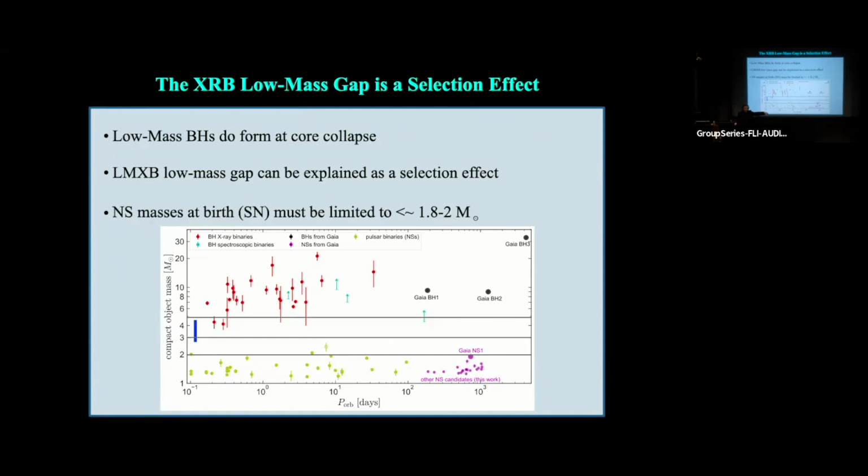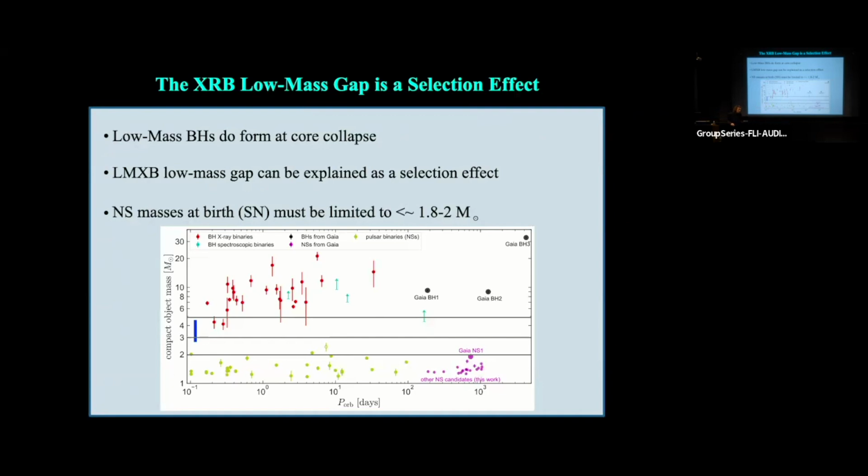You're going to fill it all the way up to 40%, 50%. So our secondary conclusion from this analysis, which we didn't expect, is that we're setting an upper limit to the birth mass of neutron stars, which has nothing to do with the equation of state. But it must have something to do with the explosion and the formation of neutron stars.